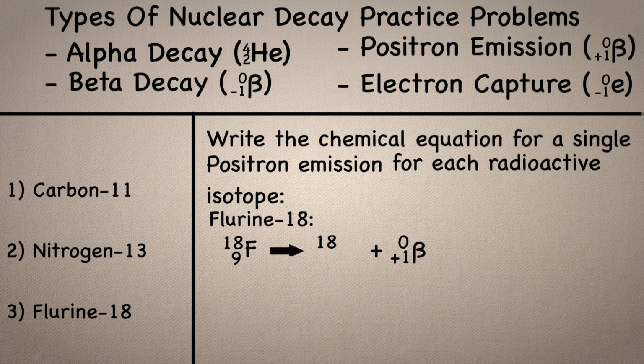And we're trying to get to 9 protons. We have 1, so whatever element it is has 8 protons, so it's going to be 18, 8. The element that has 8 protons is oxygen. So if we put it all together, 18, 9 fluorine decomposes into 18, 8 oxygen and a positron.